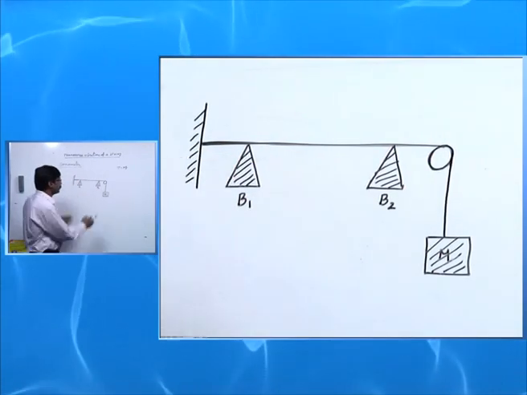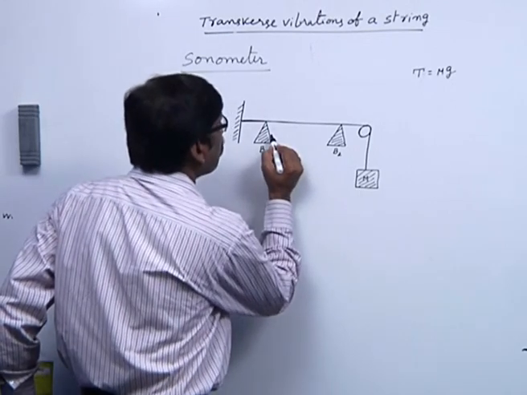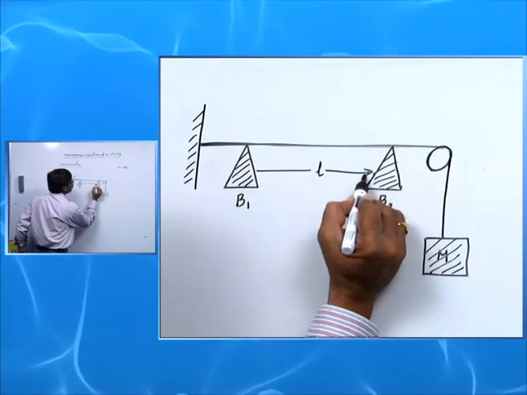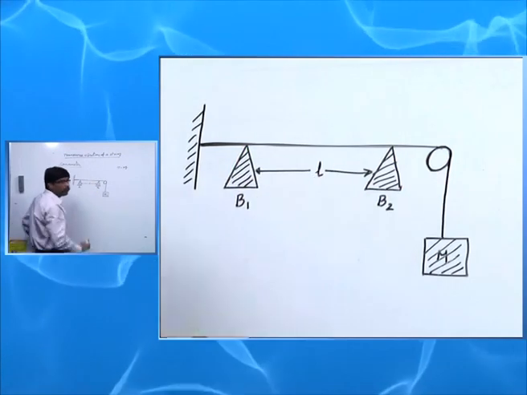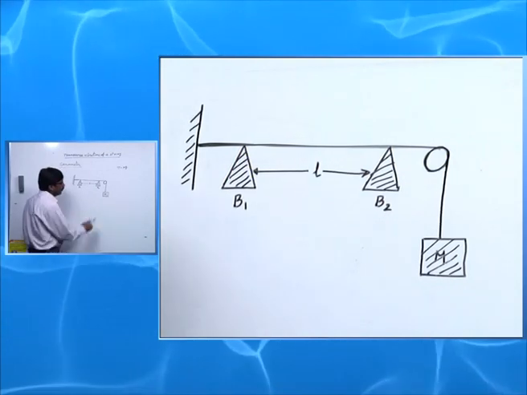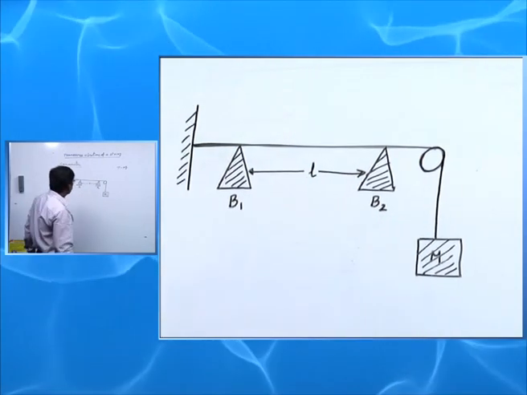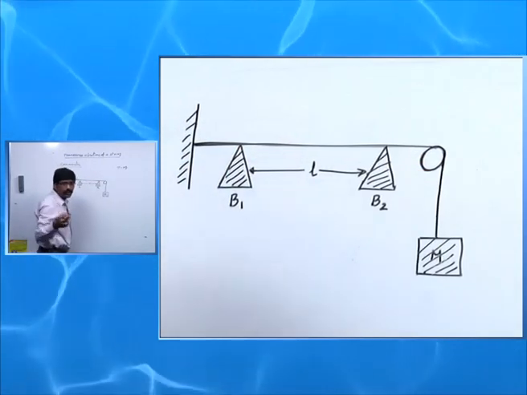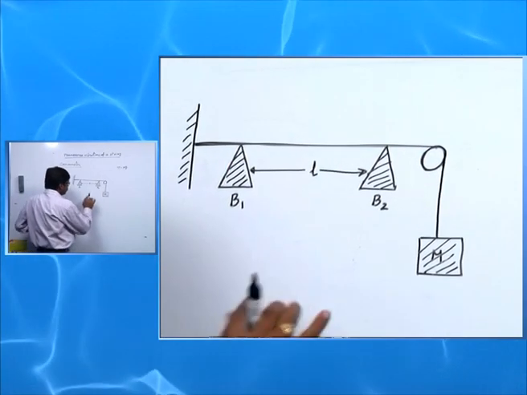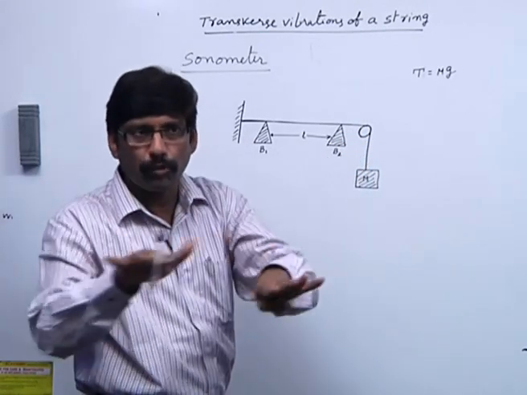For example, if B1 is fixed, I can move B2 forward or backward, so that the length of the vibrating part can be varied. The weight varies the tension, the position of B2 varies the length, and by changing the string, we can vary the linear density of the wire. This setup is placed on a wooden sound box.